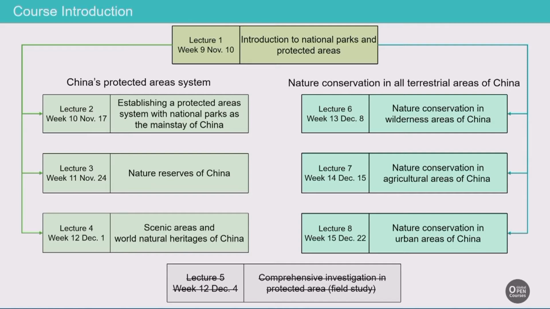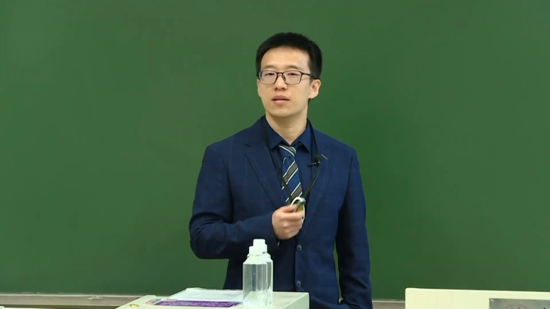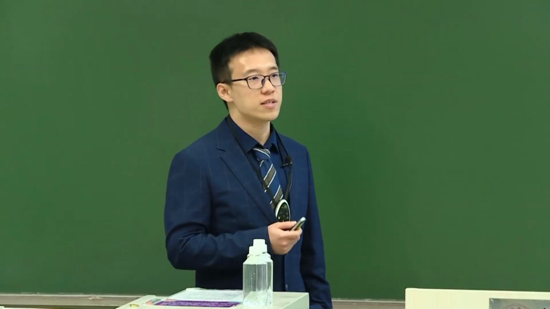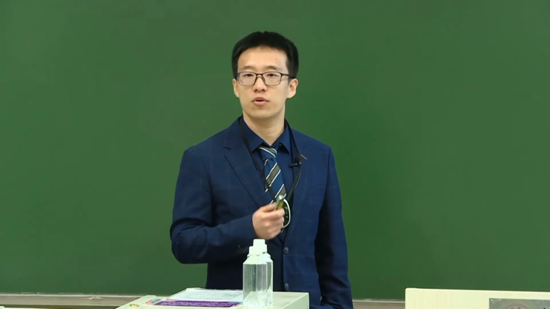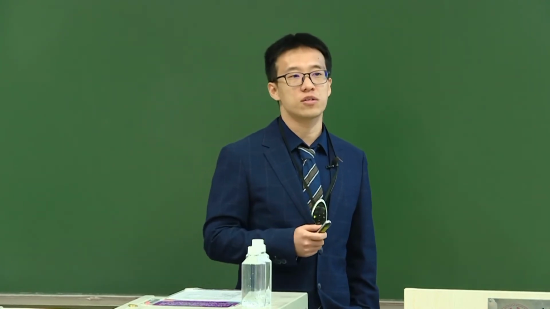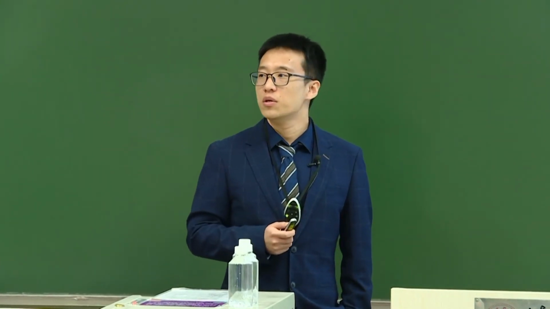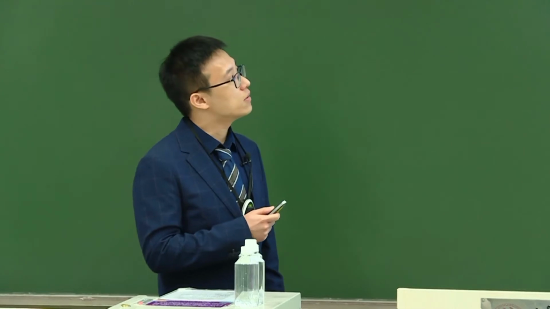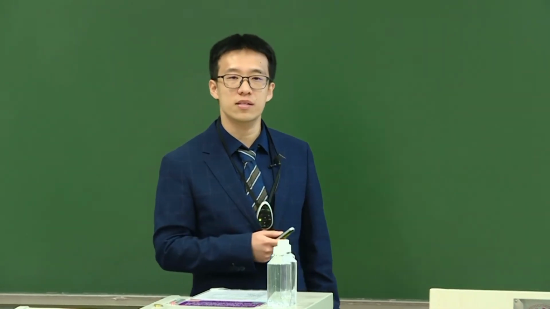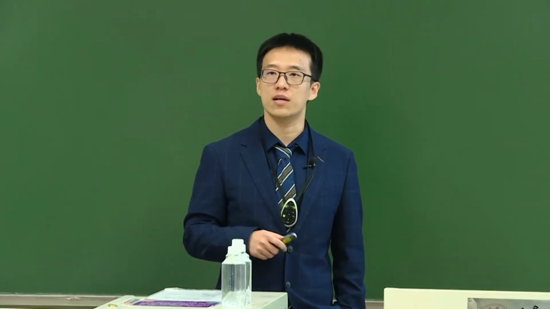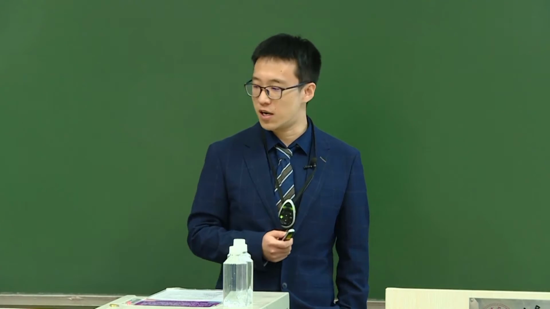Basically, we can use the concept of human impact to distinguish these 3 areas, because wilderness areas are the regions that have the least level of human impact, and urban areas are the regions that have the highest level of human impact, and agricultural areas are in the middle. So after these 3 lectures, you will get a comprehensive understanding of nature conservation that covers all terrestrial areas in China.